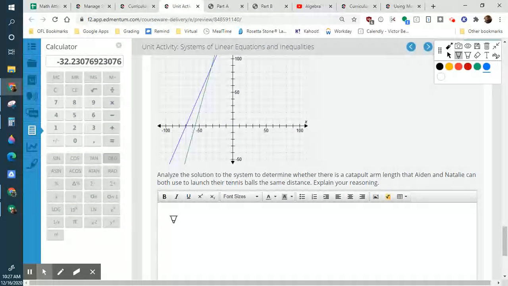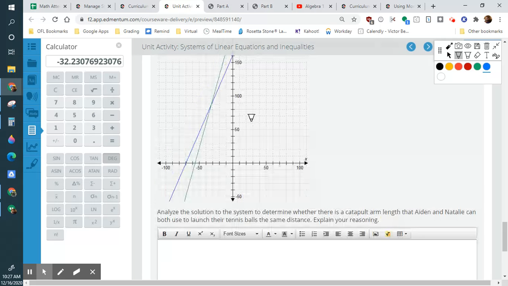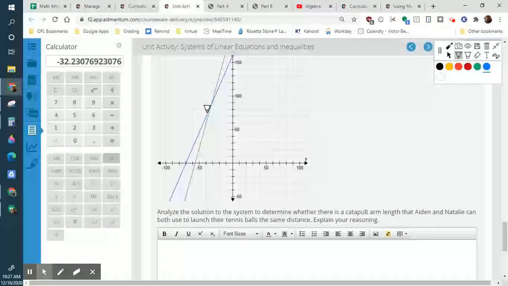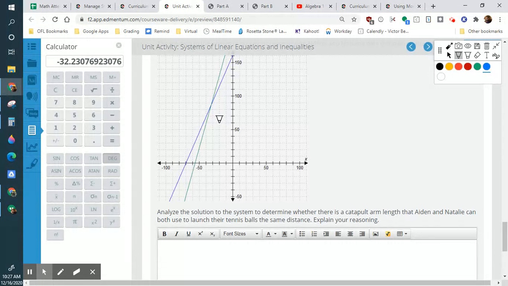So what we would say is something like, even though there is an answer, that answer is not realistic. So they would meet right here. That's the only spot where they would have the same distance, but it happens at what would be a negative arm length, meaning that these balls will technically never travel the same distance.